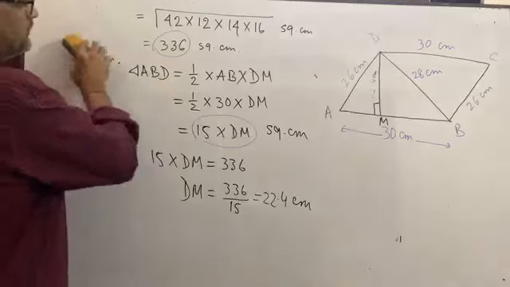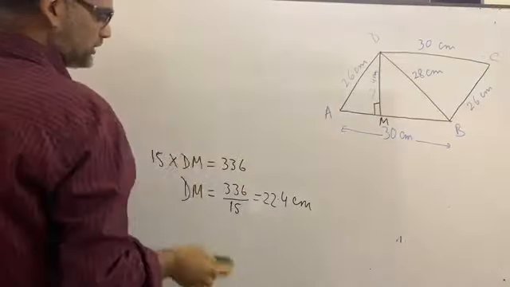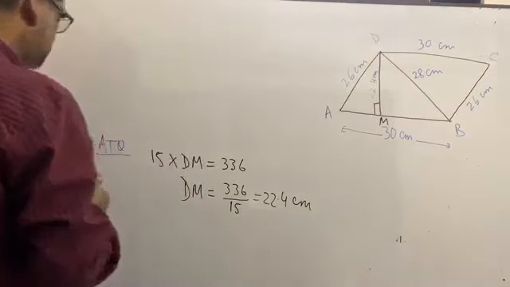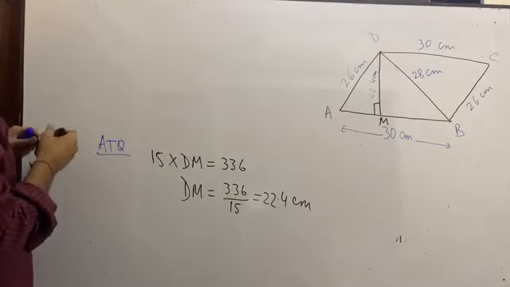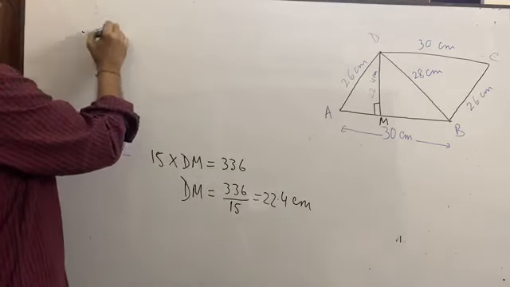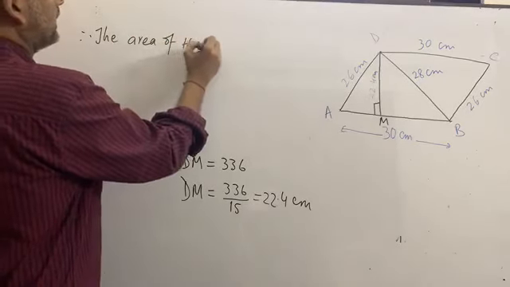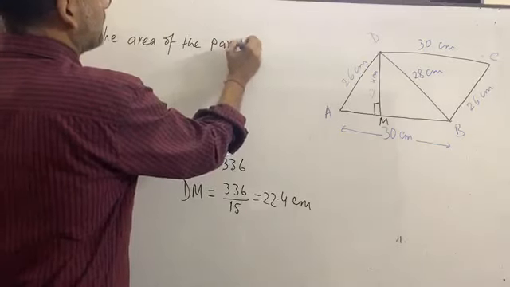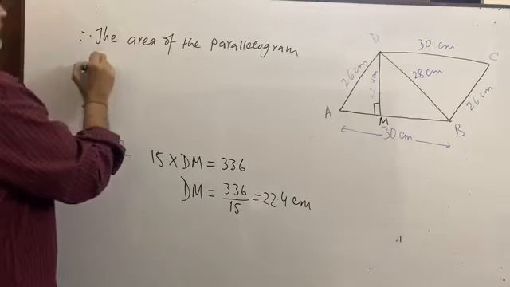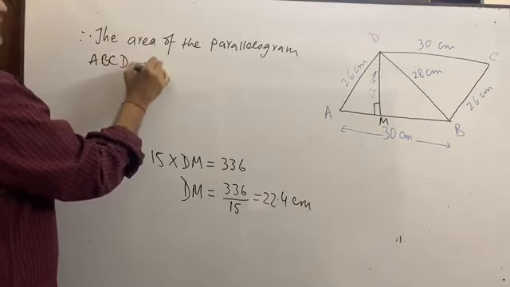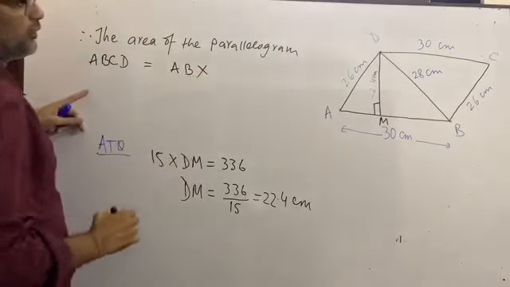In question number B, we were supposed to find the area of the parallelogram. Write down. Therefore, the area of the parallelogram ABCD is equal to, I told you, base into height.